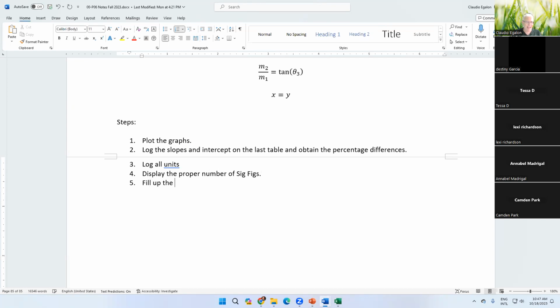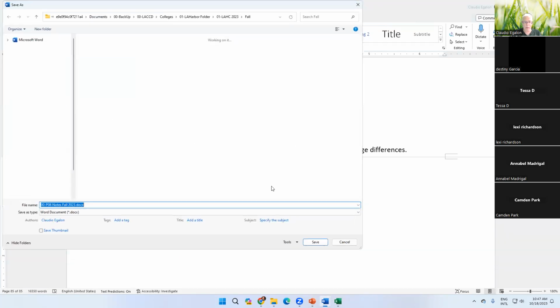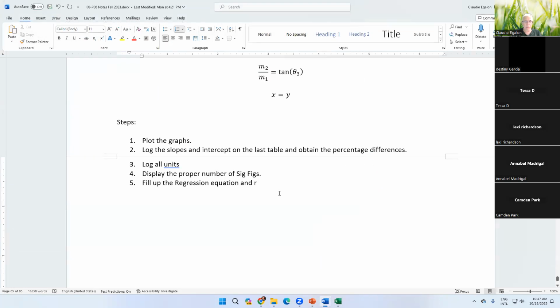Fill up the regression equation and R square. Find the CL. That's what you have to do for today.